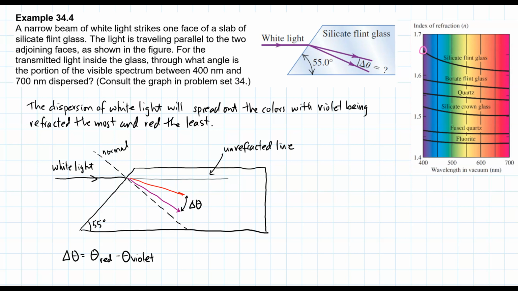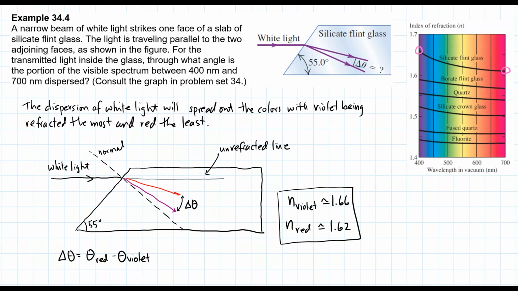On the other hand, for red light, the index of refraction is right there. So if we write down these numbers, these are the estimates. Now that we have the index of refraction for each of these colors, we can go on and calculate the individual angles.